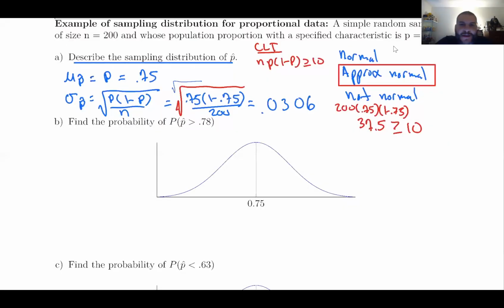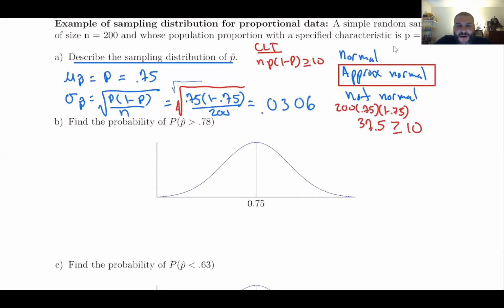All right. So we last left off on part A, where we described the sampling distribution. For part A, we found mu of p hat, which is equal to p, which is 0.75. We also found sigma of p hat, which is the square root of p times 1 minus p divided by n. When we did the math, we got 0.0306.